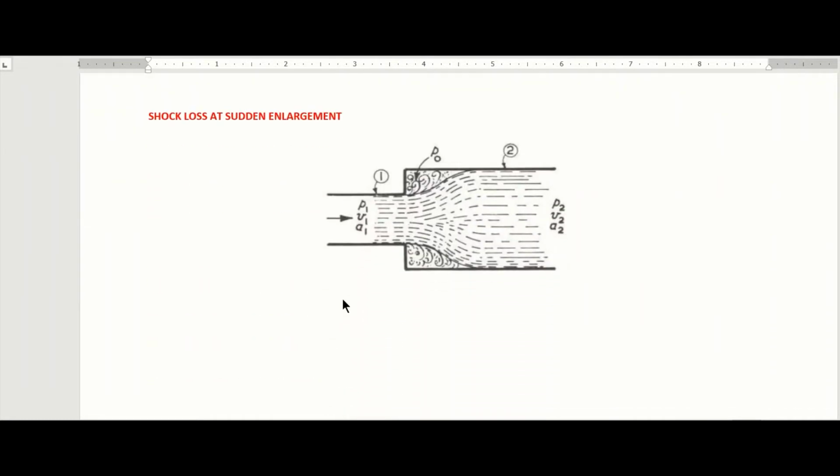So what you see on your screen is a shock loss at sudden enlargement. Now, as you can see on this video, this diagram is showing you a loss of energy when a pipe undergoes a sudden increase in diameter.